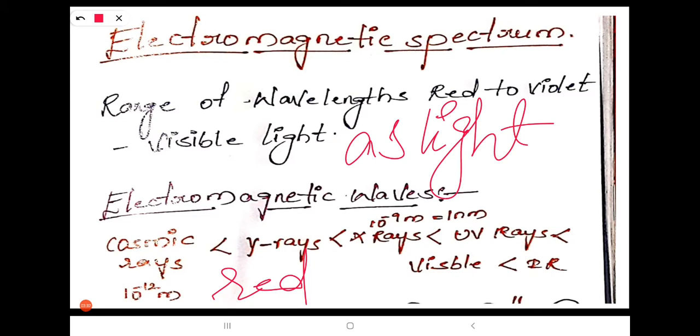We know red color has a greater wavelength and less energy. The color having a greater wavelength has less frequency and less energy. And light with a lower wavelength has a greater frequency and greater energy.